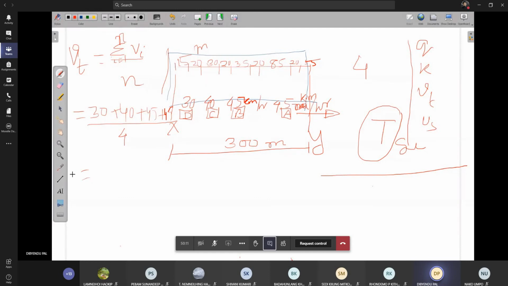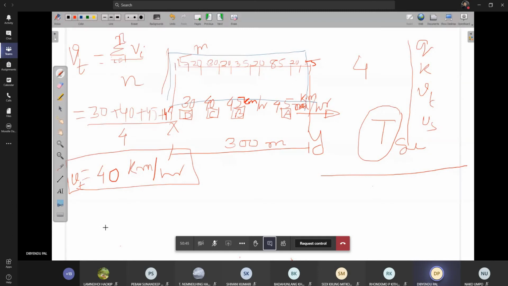So if you do this calculation, it will give you the average speed of the vehicles in kilometers per hour. What is that value? 45 plus 45 is 90, and 90 plus 70 is 160. 160 divided by 4 is 40. So the average time mean speed of this traffic stream is 40 km per hour.